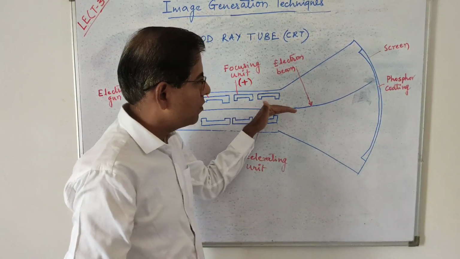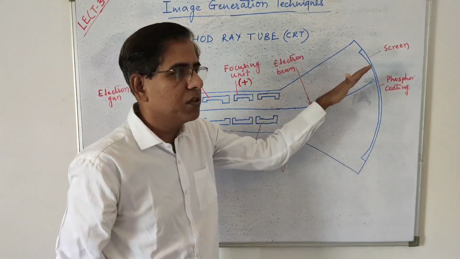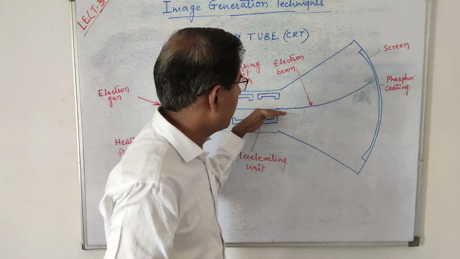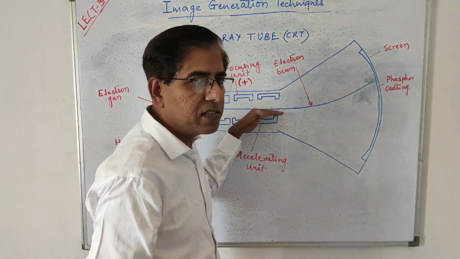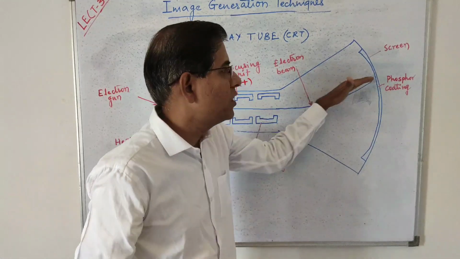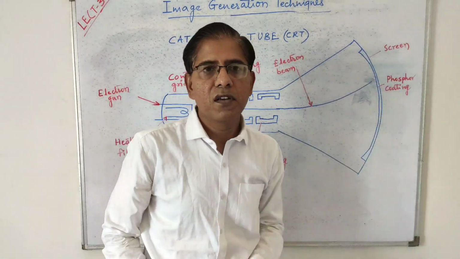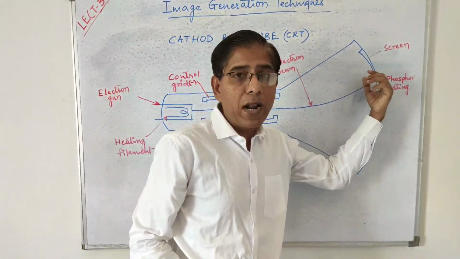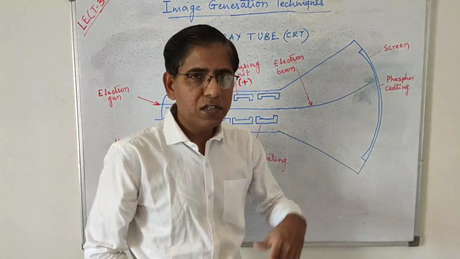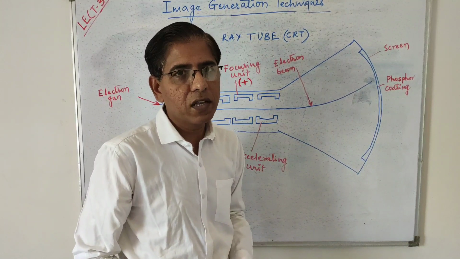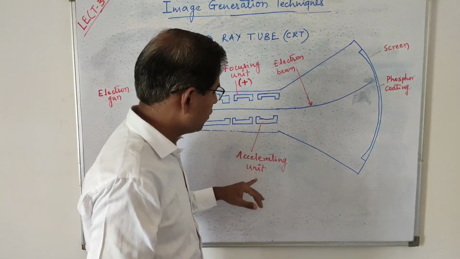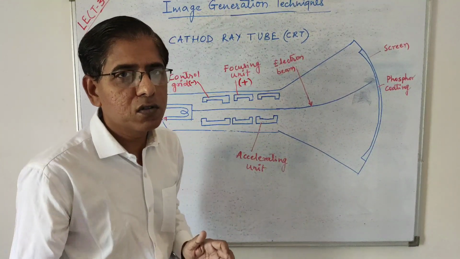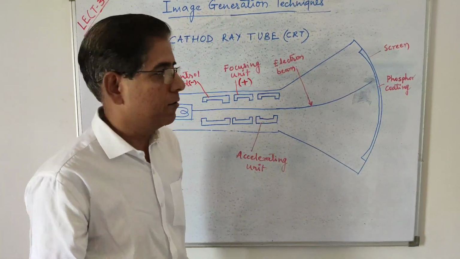The higher the acceleration, the higher the velocity with which it strikes the screen, and a bright spot will appear on the screen. We'll see how the bright spot appears on the screen. So the function of the accelerating unit is to accelerate the electrons coming out from the electron gun.